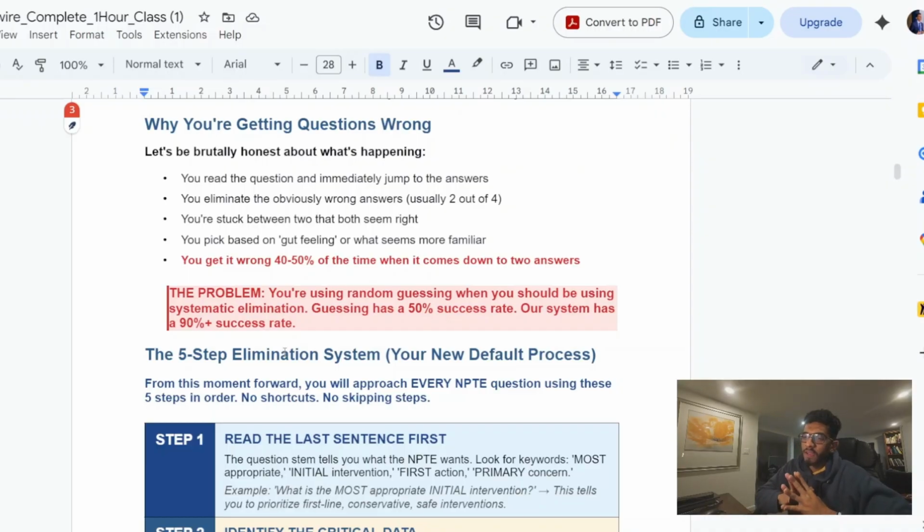So the 5-step elimination system, right? Your new default process. From this moment forward, you will approach every NPTE question using these 5 steps in order. No shortcuts, no skipping steps.